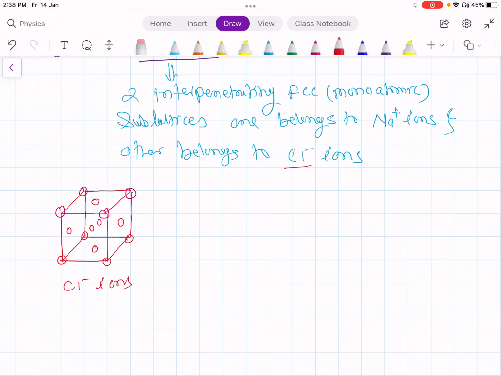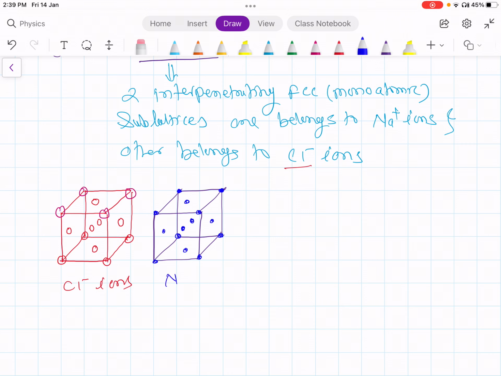Then there is another unit cell, of sodium ion. This is also an FCC unit cell, with 8 corner sodium ions and 6 face centers, front surface, back side surface.